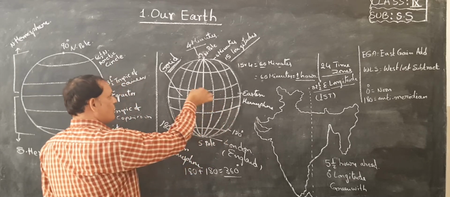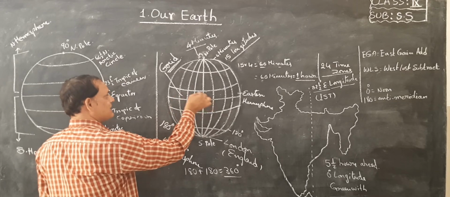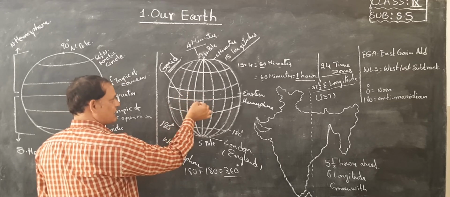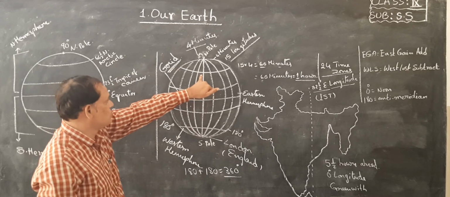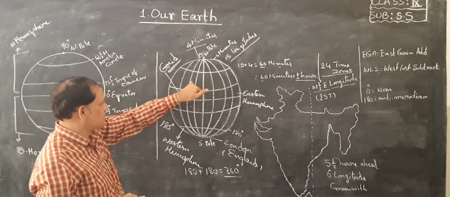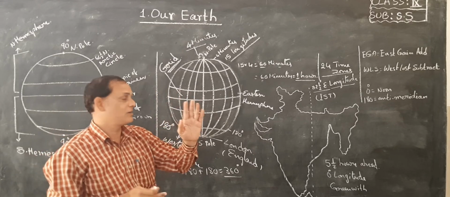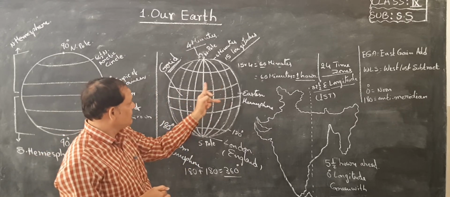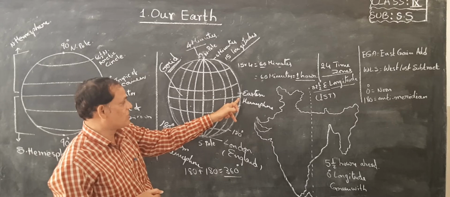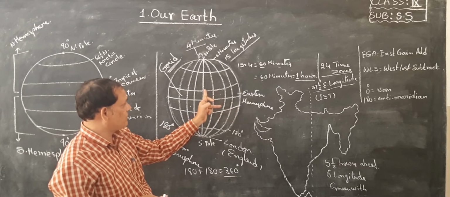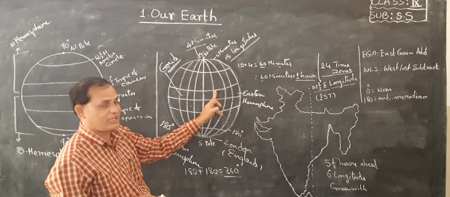If you go westward, you will subtract the time, children. How many zones you are reaching, you will subtract for each zone. Each zone means 1 hour time. If you travel eastward, you will add 1 hour for each zone, children.